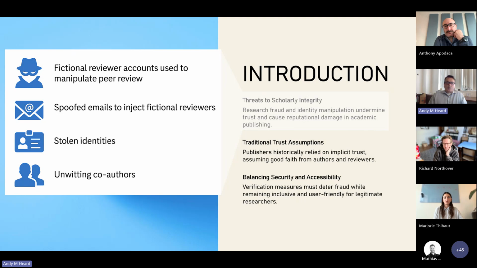And unwitting co-authors: people with influence are added as co-authors to papers as a means of influencing the acceptance and peer review of those papers.